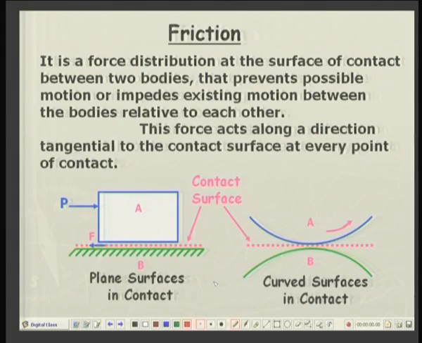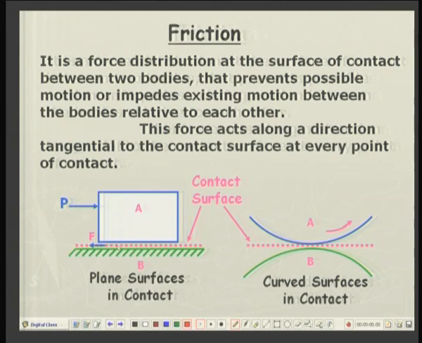Let us see how this force acts and where it acts. For example, I take this case of a box lying on a surface. Here is a box A and it is lying on a plane surface. So, this bottom surface of the box is in contact with this floor, and this is the plane of contact.